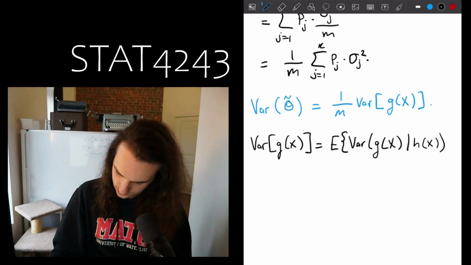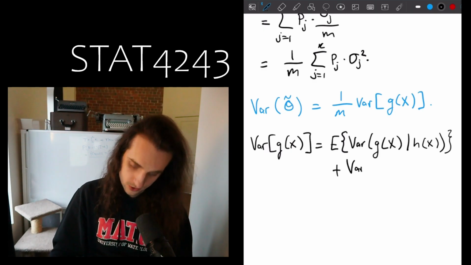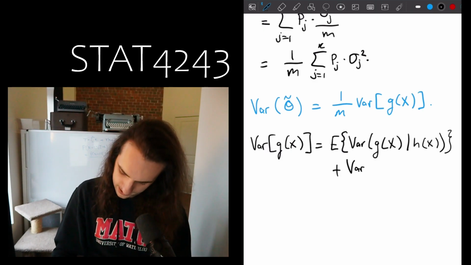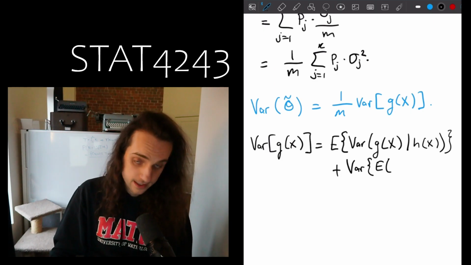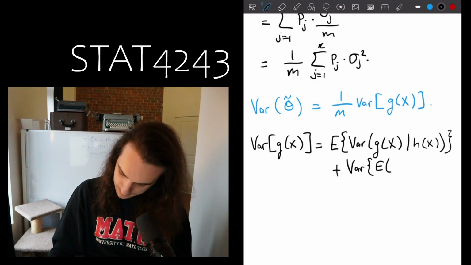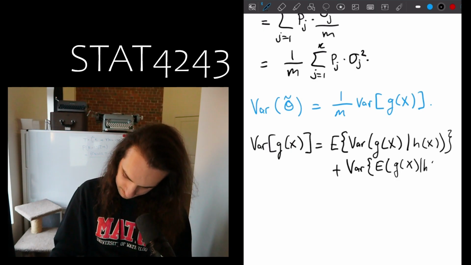We're going to pick out what h of x is going to be in a minute here, but for now we'll just think about h of x as something, right? And this is true for any of these h of x's. So you have the expected value of the conditional variance plus the variance of the conditional expectation, right?